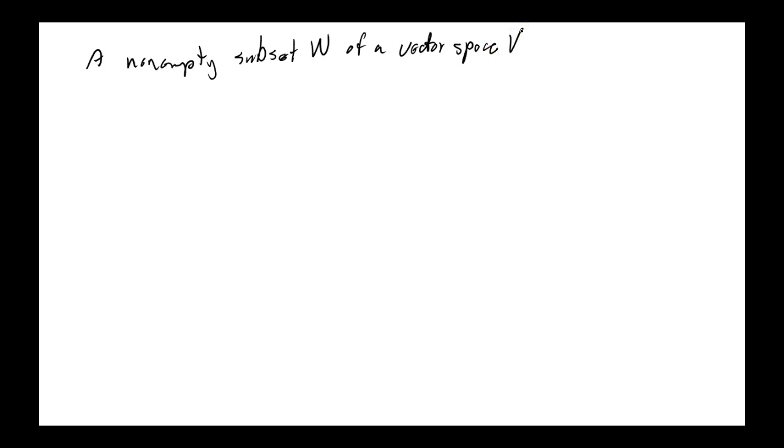okay, so V is a vector space, okay? It meets all those 10 criteria, okay? The addition criteria, the multiplication criteria, yeah, all those criteria that we talked about before. That's a vector space. This non-empty subset W of a vector space.